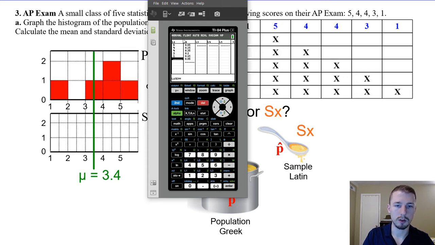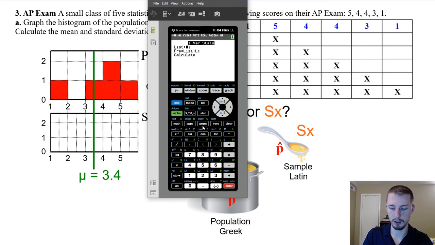All right, for list 1, I'm going to go to stat and then calculate 1-variable stats on list 1. We're not going to use a frequency list on this one, we're not doing our discrete random variables anymore. And our mean is going to be 3.4 with a standard deviation of 1.51.